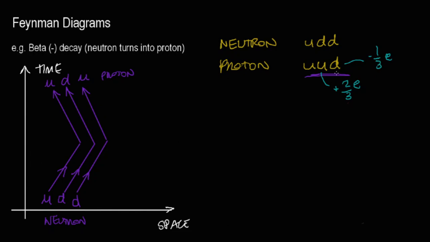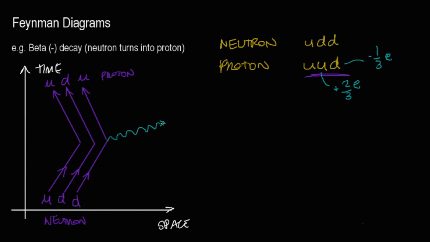So what's happening here is that when we turn one down quark into an up quark, there is a whole one charge vanishing, and that's going to the electron. So what happens here is that a boson will need to carry that message.